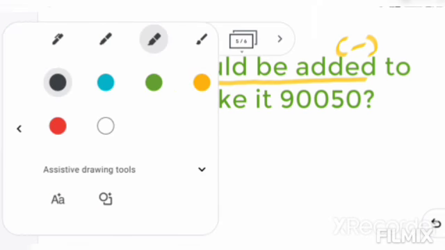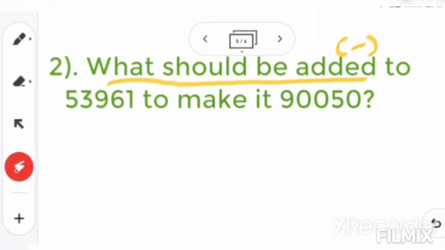And again one more thing you have to be careful. When you subtract, you have to write the bigger number first. You see here two numbers are there. In these two numbers, 53,961 is small, 90,050 is big. So many children, as soon as finding subtraction, write this number first and this number second. How can you minus the bigger number from the small number? It will be difficult.